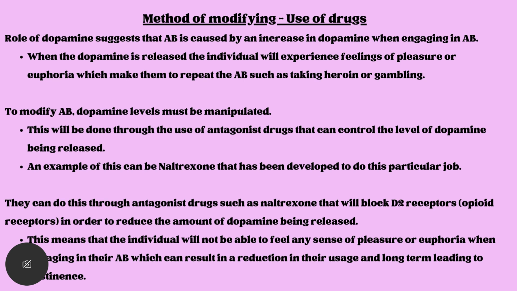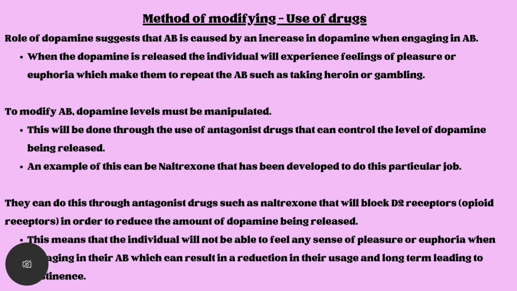So if you can imagine we have like a little hole, and that's our receptor, and then we get like a block and it fills the hole, that is what the antagonist drugs will do. And this will reduce the amount of dopamine being released because it can't fix on and stimulate the D2 receptors.